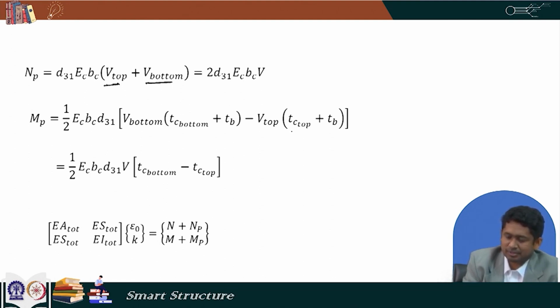So, we find out the moment with respect to the z equal to 0 line, and that becomes our MP. Now, when V bottom and V top are equal to V, we get this as our NP and this as our MP.